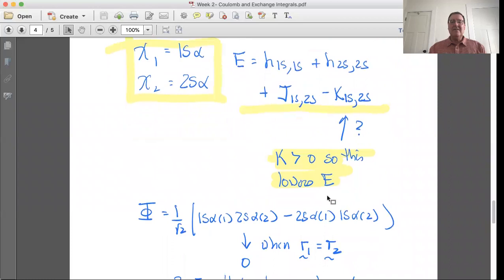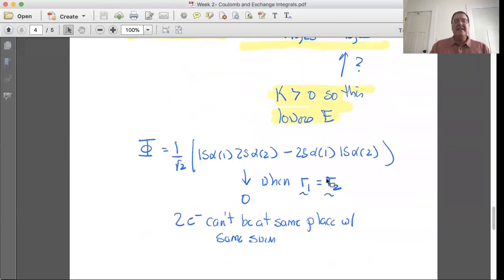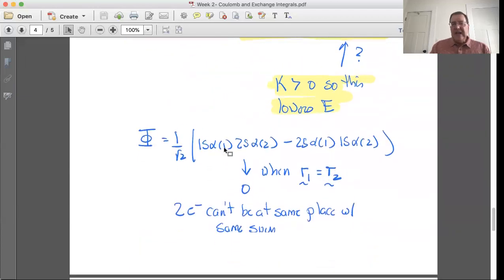How do we understand it? Well, one way to understand it is to write out the wave function. 1s alpha 1, 2s alpha 2, minus 2s alpha 1, 1s alpha 2. When it's the case that the two electrons' spatial coordinates are identical, you've got 1s, let's call it R. You've got 1s R, 2s R, alpha alpha, minus 2s R, 1s R, alpha alpha.